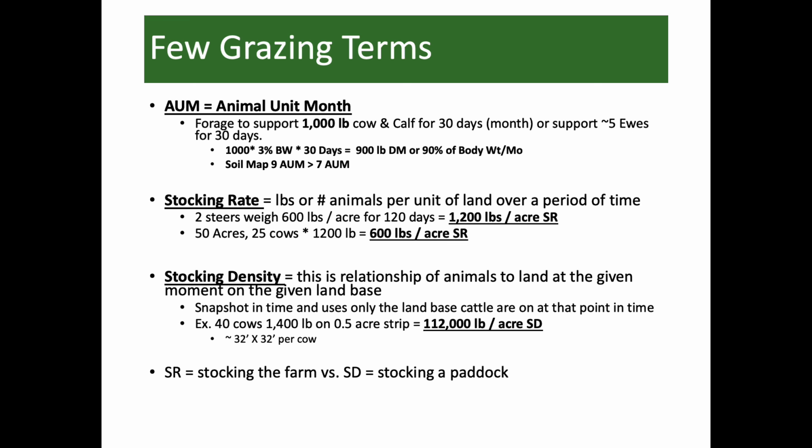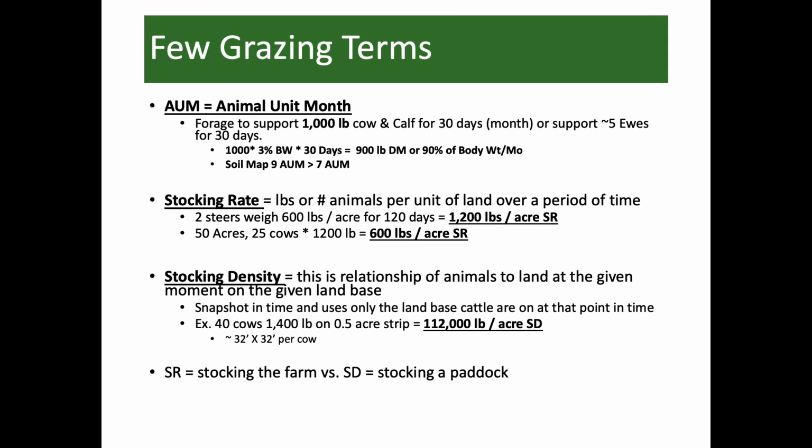I want to go over a few grazing terms. One of those is animal unit month. An animal unit month is how much forage it takes to support a 1,000-pound cow and calf for 30 days. That's your month, so standardize it to 30 days. Or, in small ruminant terms, 5 ewes for 30 days.